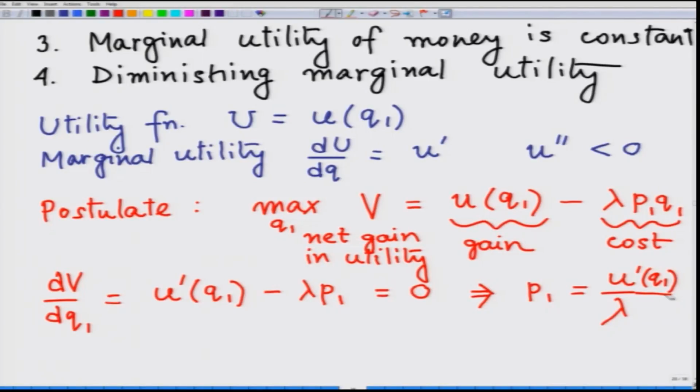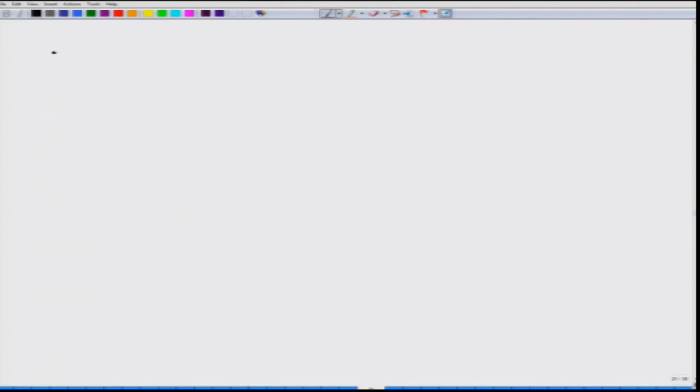So, now let us move to a diagram. Here we are going to plot Q1, the quantity demanded or consumed of commodity 1, and here we are going to plot the marginal utility.